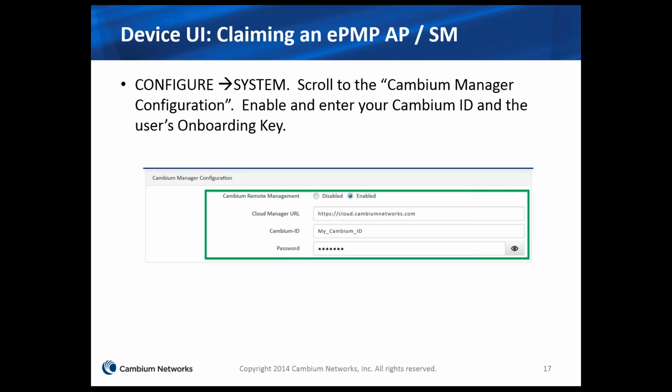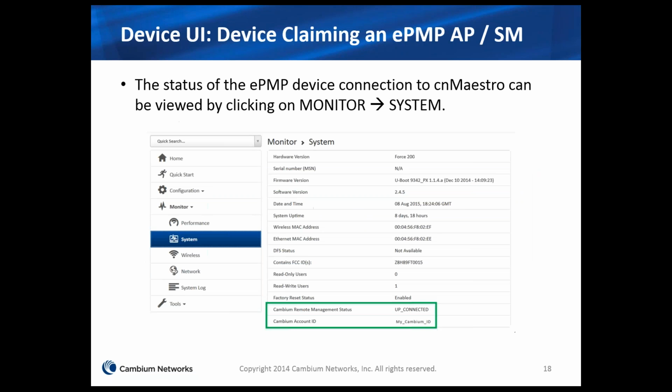Once you do that, you could go to Monitor and System on the same device, and at the bottom you should see that it's connected to cnMaestro and that it's got the right cnMaestro Cambium ID.